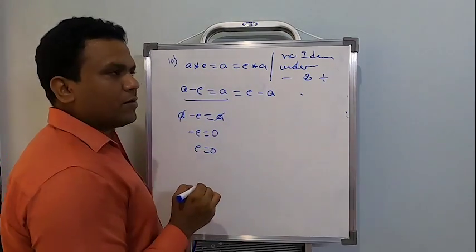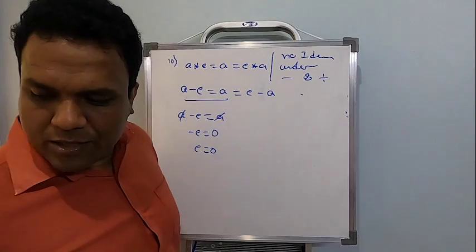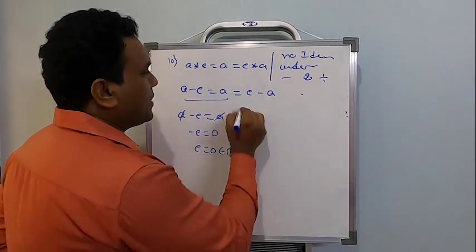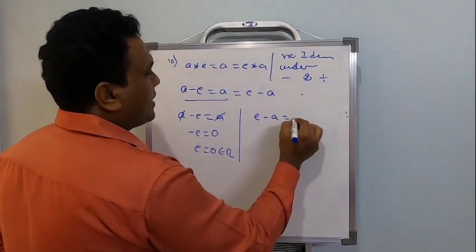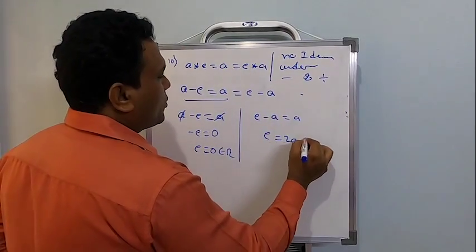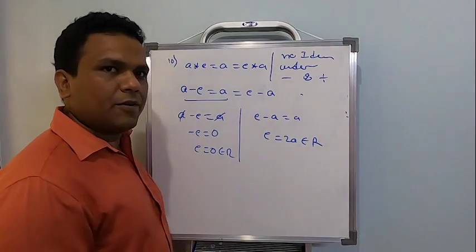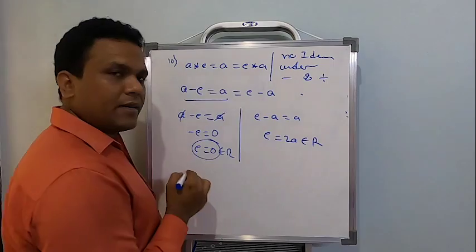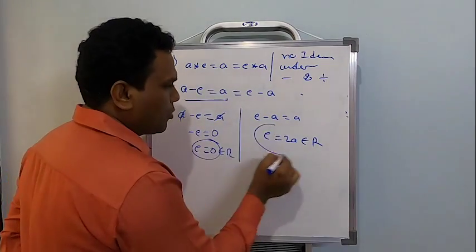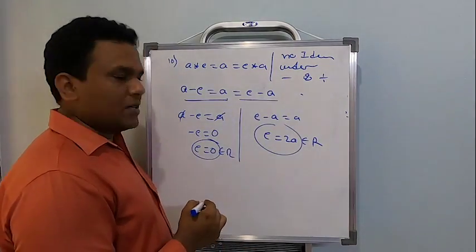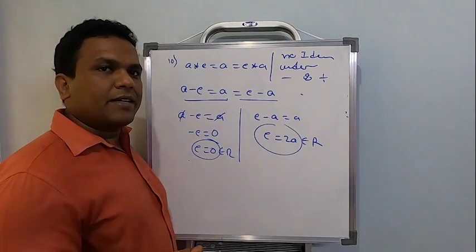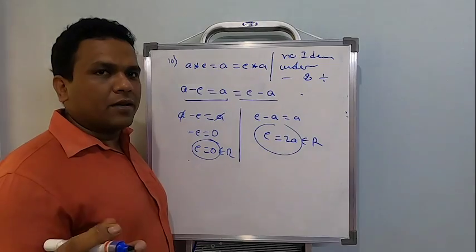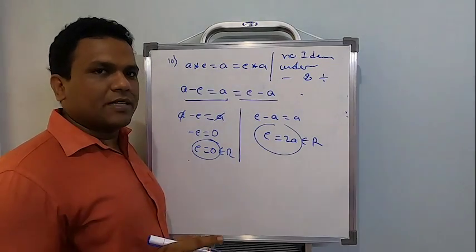But the problem is based on real numbers. Yes, it exists, let's agree. Now the second one is E minus A equal to A, or E will be equal to 2A. This is also a real number. Suppose I assume identity exists, I get one identity because of the first condition and one more identity because of the second condition. This shows there exist two identity elements, which is not possible because the identity element has to be unique. Only one identity element for the whole set.